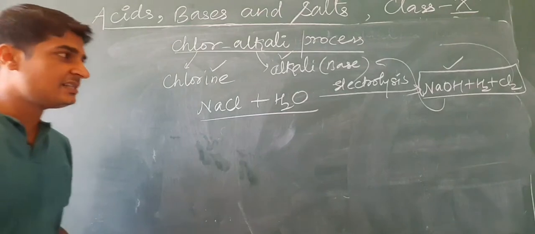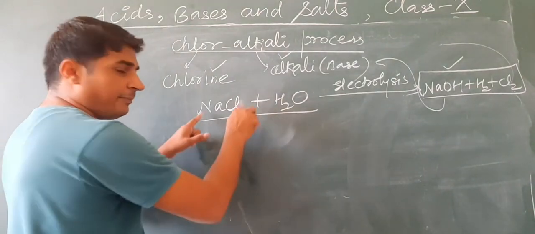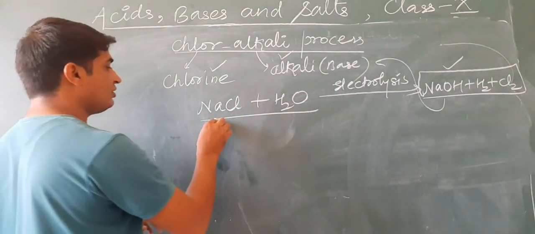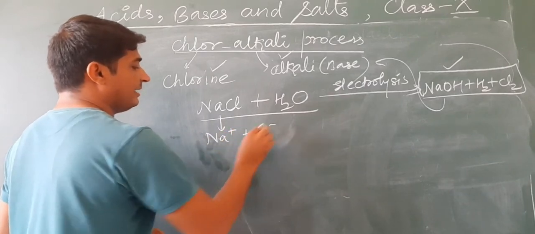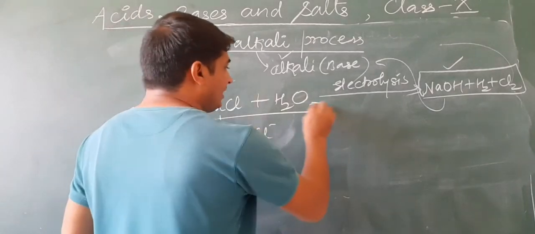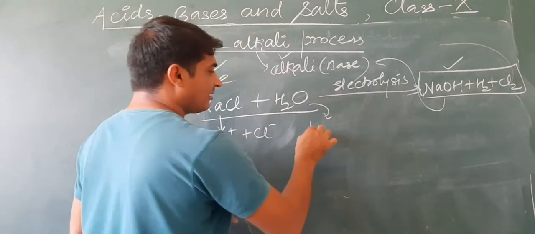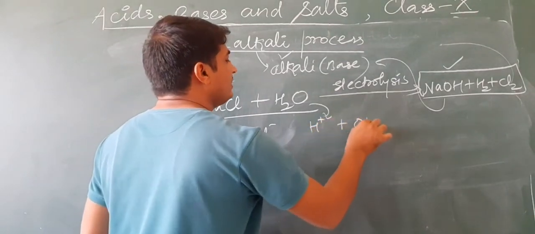What happens in this process? Both are ionized. NaCl is ionized as Na+ and Cl-. Water is partially ionized as H+ and OH-.